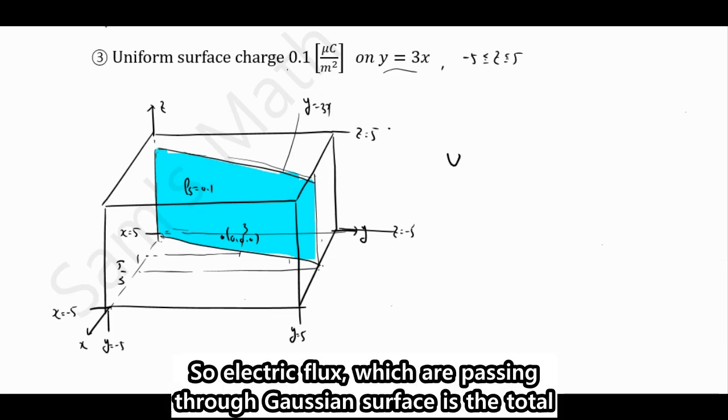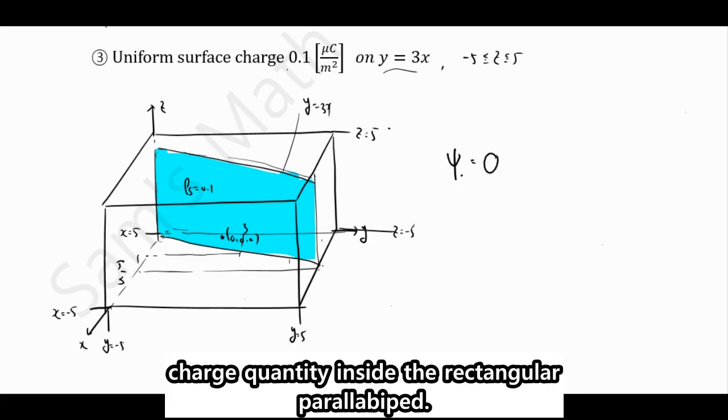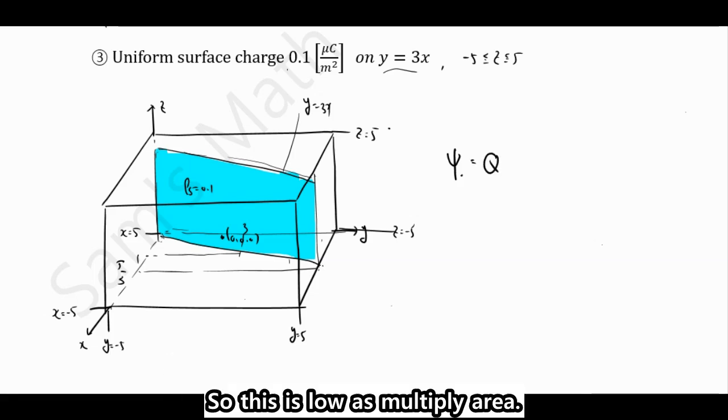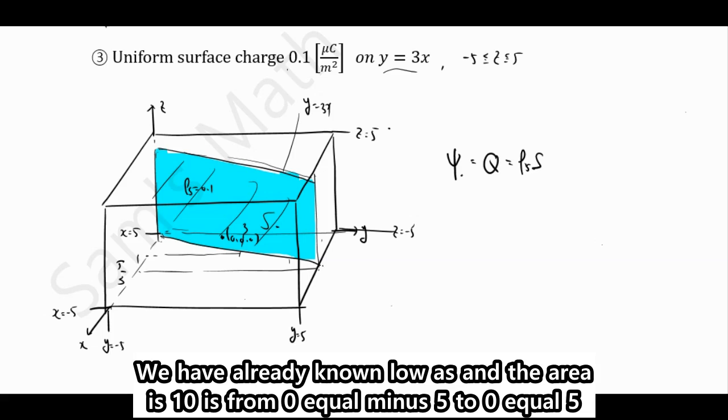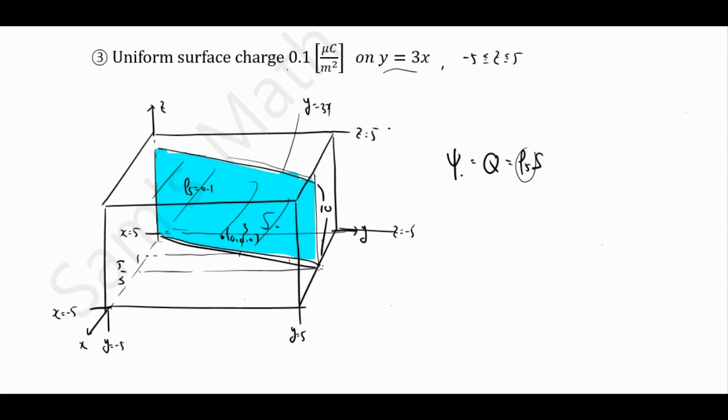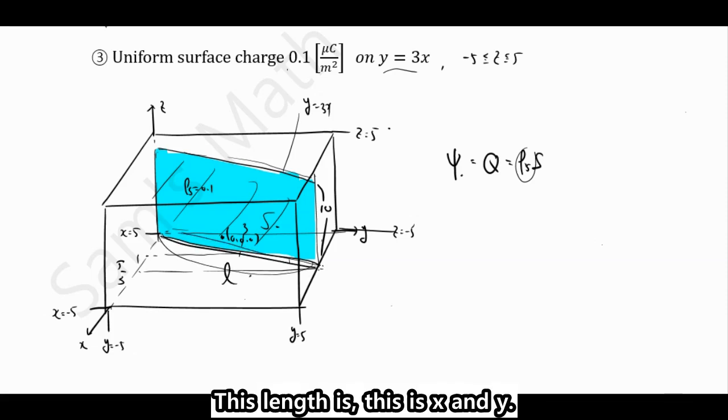So the electric flux which is passing through the Gaussian surface is the total charge quantity inside the rectangular parallelepiped. So this is rho s multiply area. We already know rho s, and the length along z is 10, from z equal minus 5 to z equal 5. We try to find the other length.